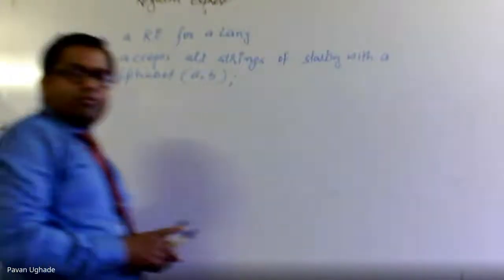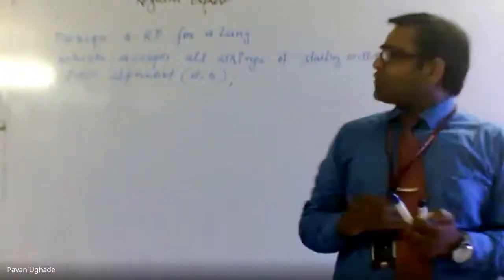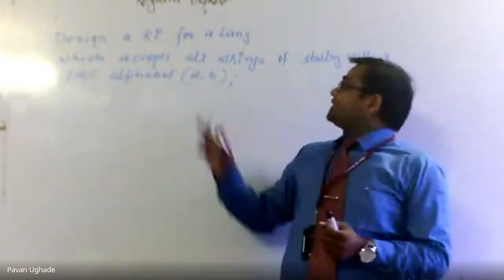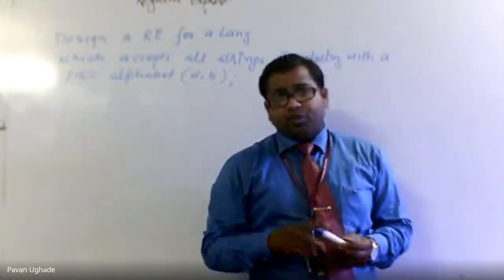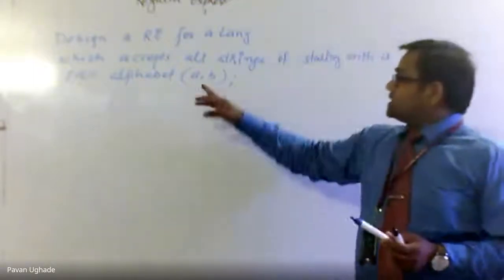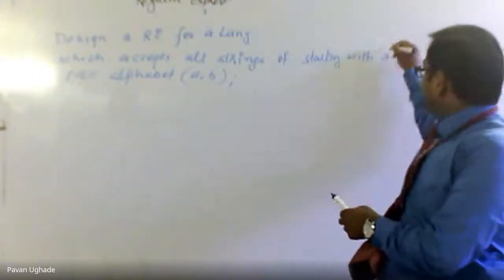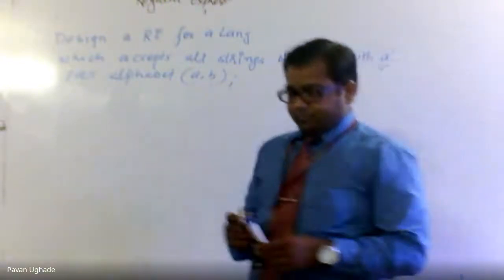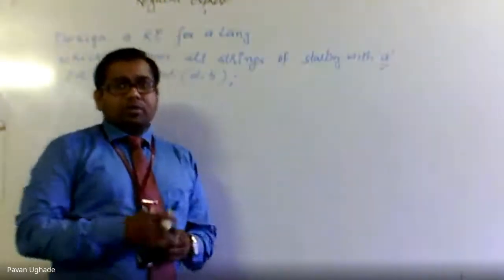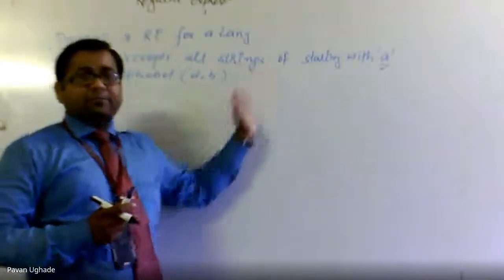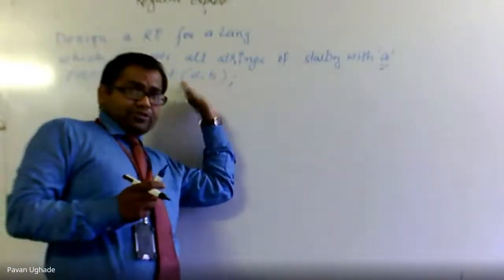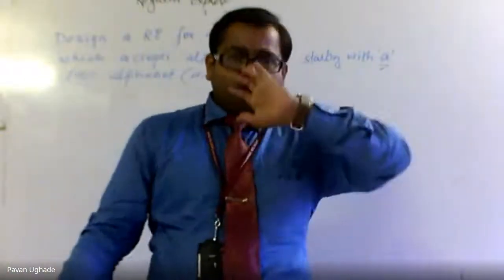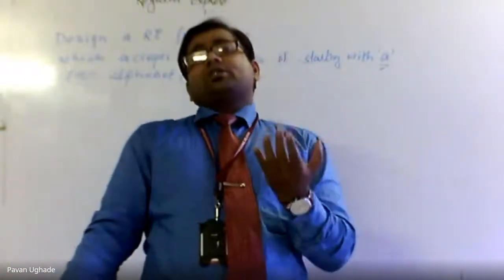We are going to get the regular expression for this language which accepts the strings starting with A over alphabet A comma B. You have to design the regular expression first, then we'll talk about converting that regular expression into automata, because right now you are already familiar with automata.